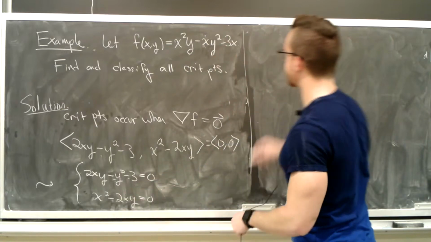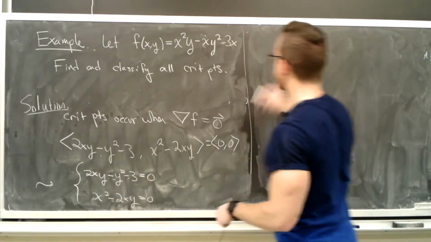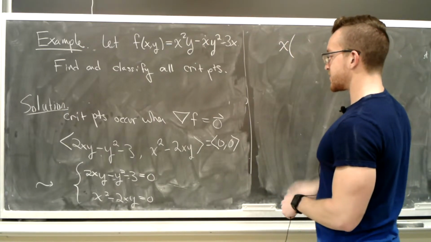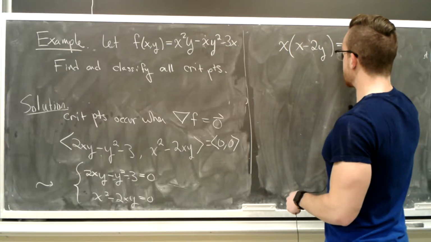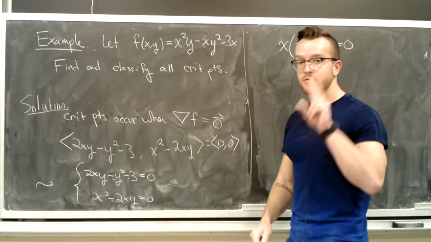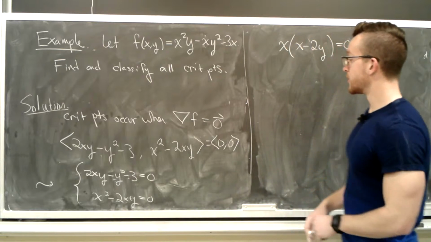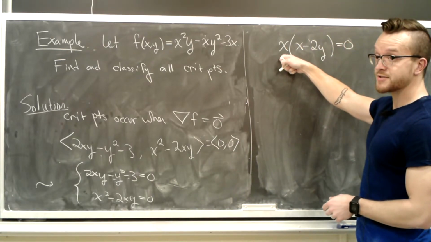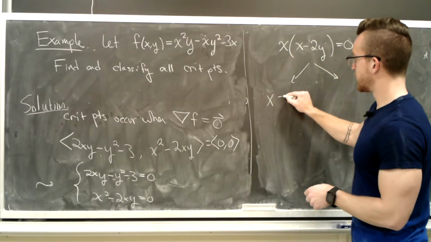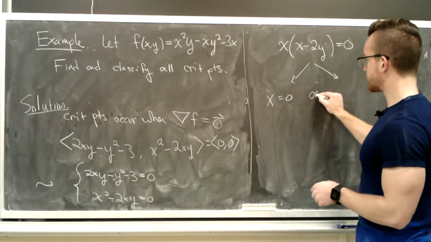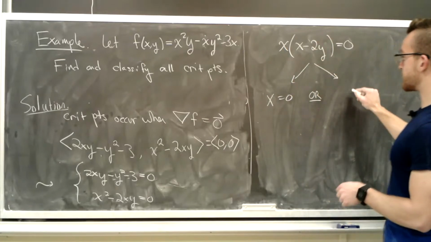Oh yeah, so this second equation, factor out an x here, and I get x minus 2y equals 0. Two cases that we have to account for. X could be 0, or this could be 0.